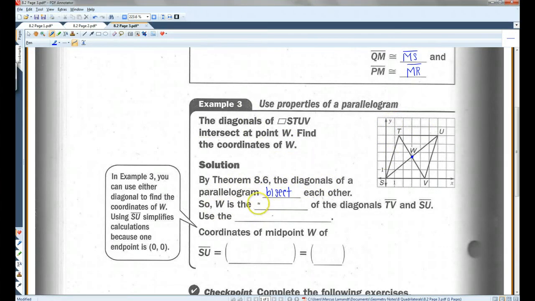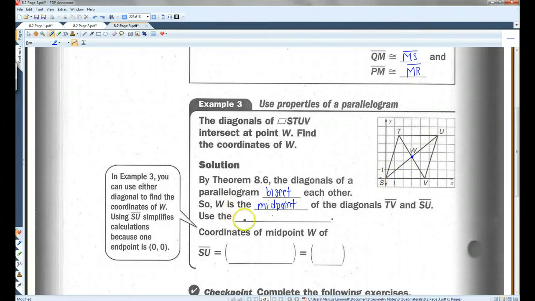So W is the midpoint of diagonals TV and SU. Remember, midpoint is the point right in the middle of a segment. If these bisect each other, then W is the midpoint of this segment, and this segment.